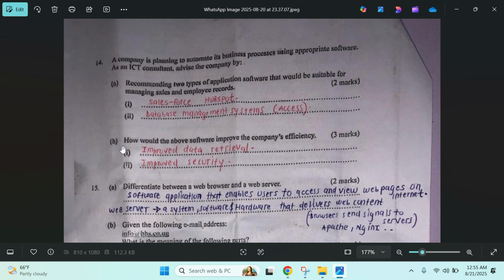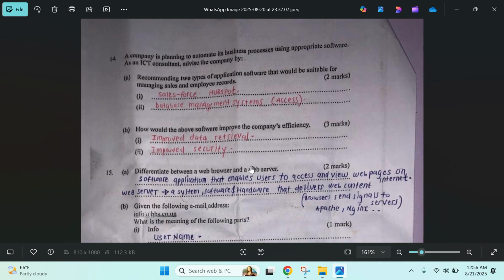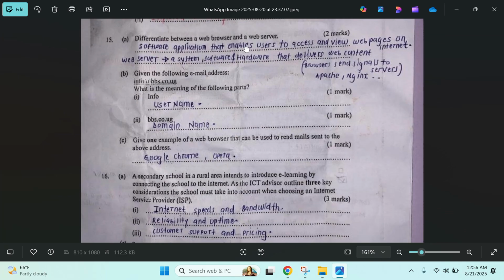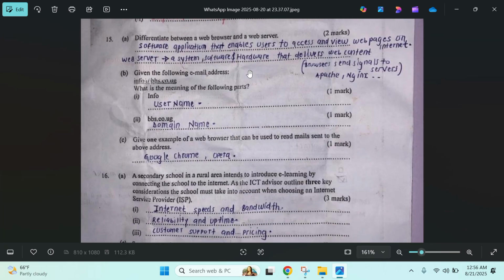One, they bring about improved data retrieval. You can easily look for your data and get it. That's the meaning of data retrieval. Two, they improve security. Your data is secure provided you employ strong passwords and biometrics for authentication in your software.